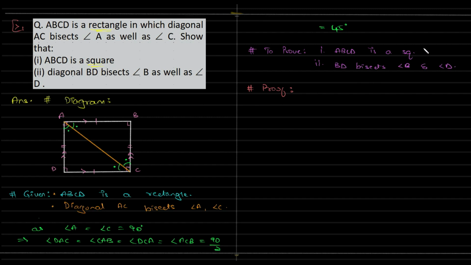Okay, I'll give you guys the first clue. In a square, all the sides are equal. Right? So if I prove that all the sides are equal, we are done.